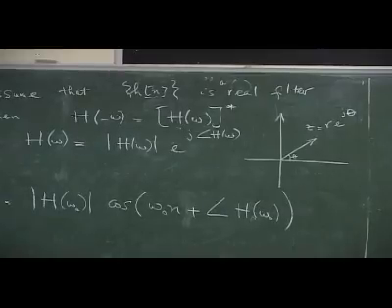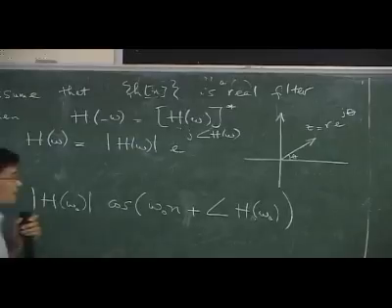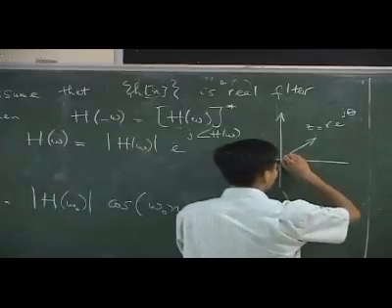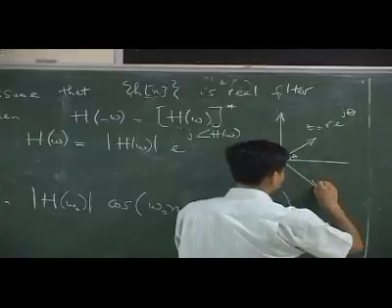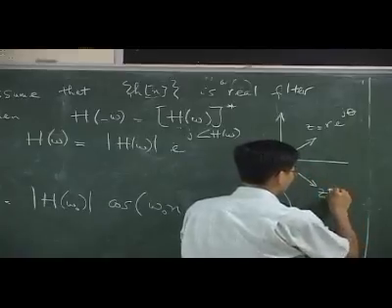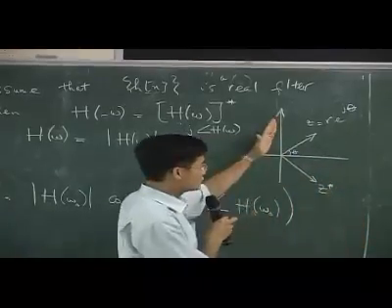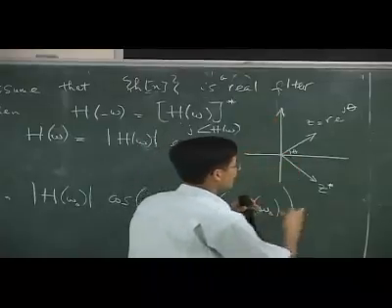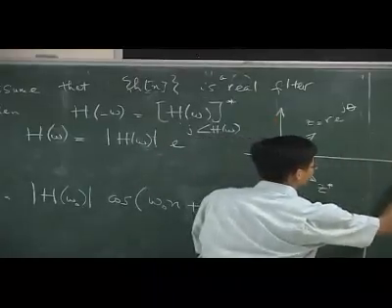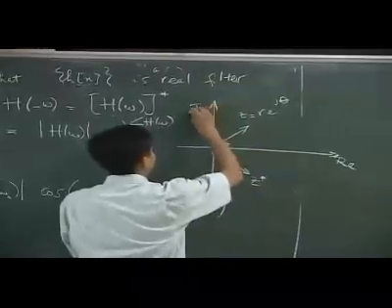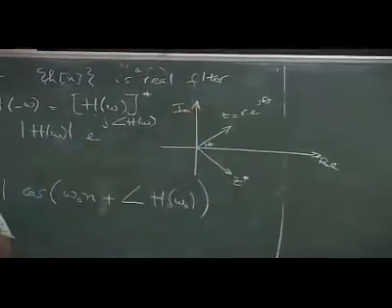I add z with its complex conjugate. The complex conjugate is the mirror image across the real axis, here the real axis and here the imaginary axis.